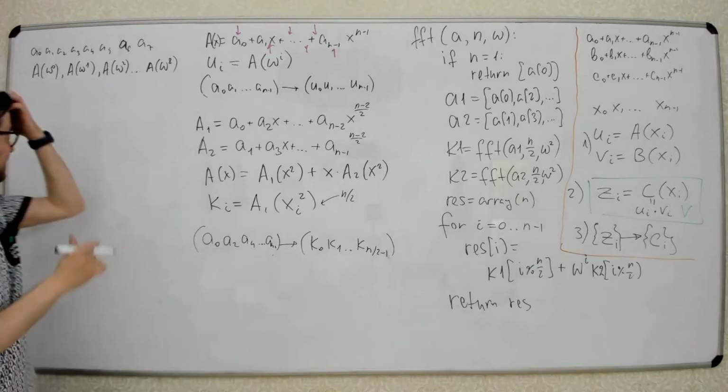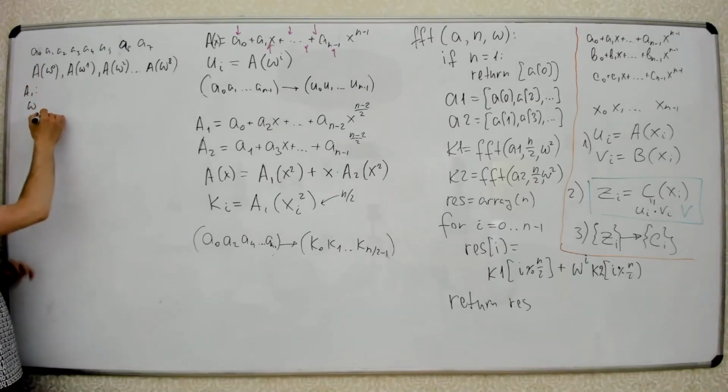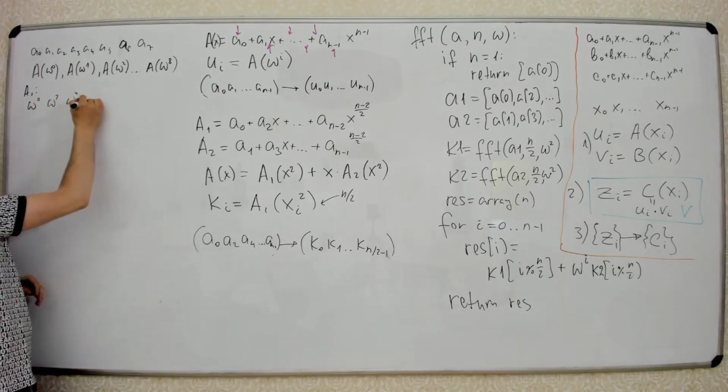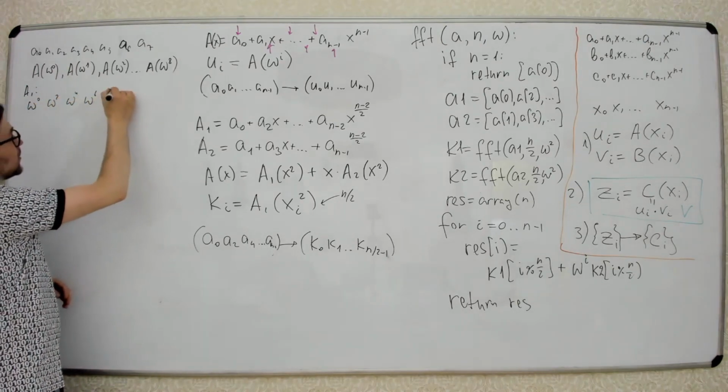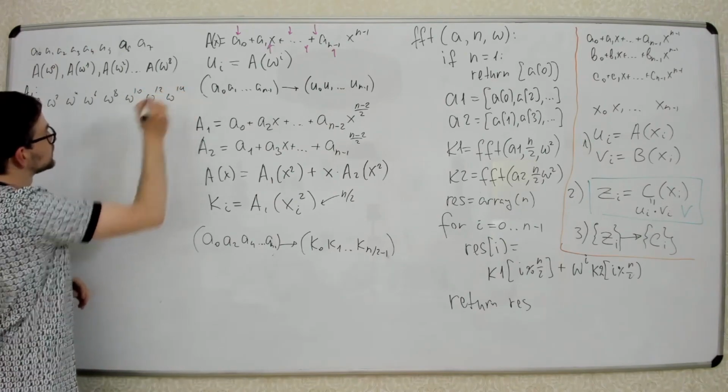I don't like it. Again, I want to calculate polynomial A1 in points W to the power 0, W power 2, W power 4, W power 6, W power 8, W power 10, W power 12, and W power 14.